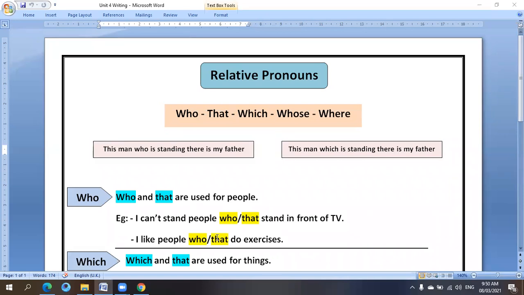So that means that this sentence is wrong.